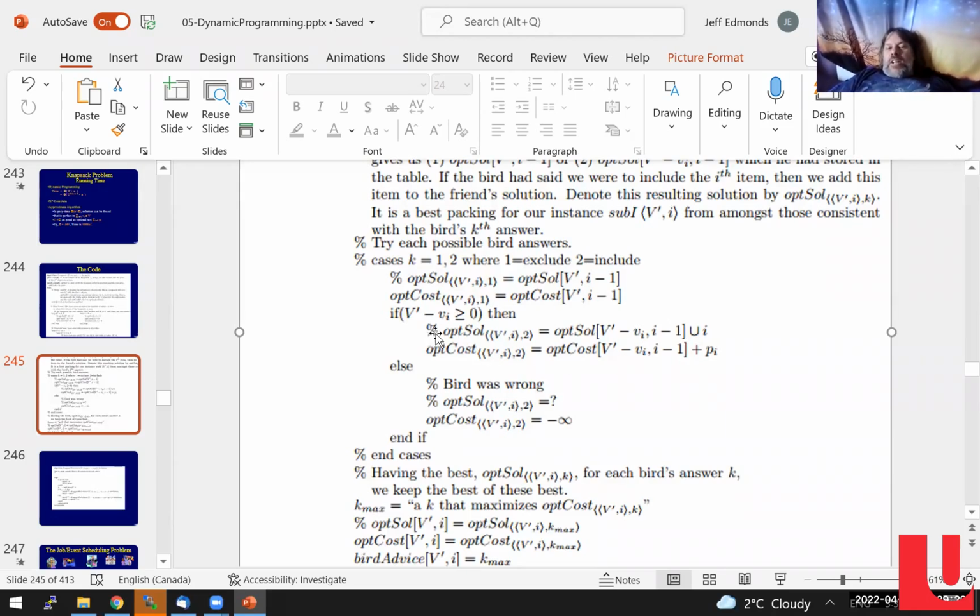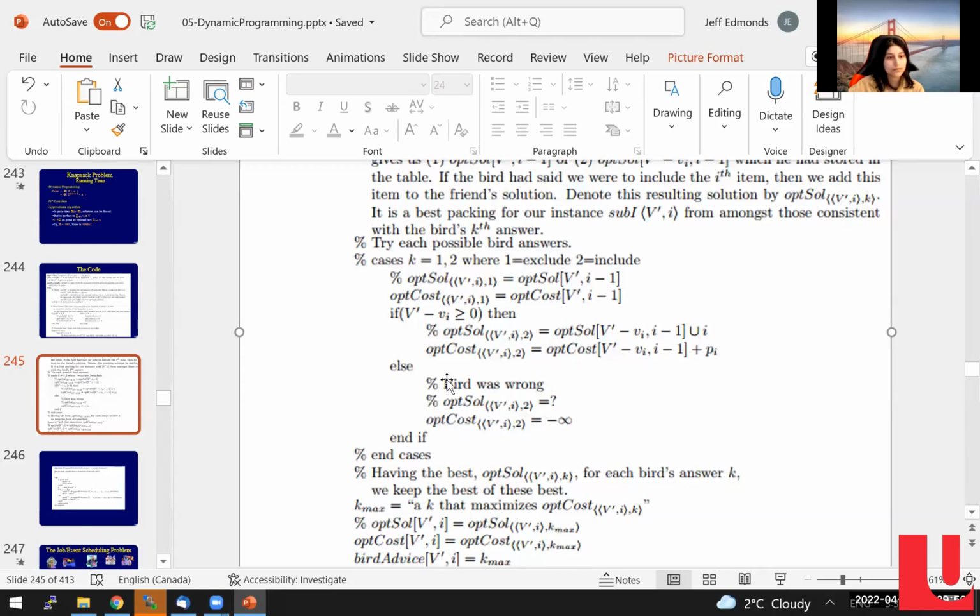Right, and note I commented out the solution part because we're really only doing the cost part. Now there's another nuance that I didn't talk about before: we really can only put the object in if the object fits in the knapsack. So here I'm testing, does the object fit in the knapsack?